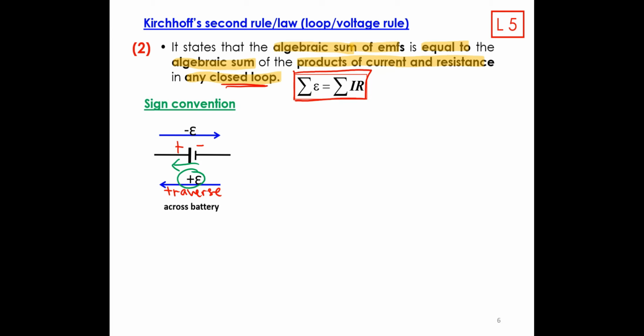And if I use other colors, orange color, if the direction of traverse is opposite to the EMF, because the EMF is like this to the left, and the blue color is the traverse, so the traverse is from left to right, so this is in the opposite direction.